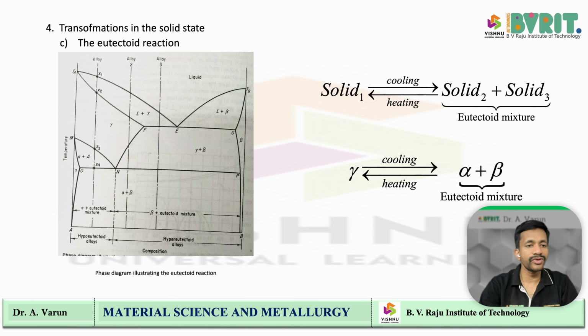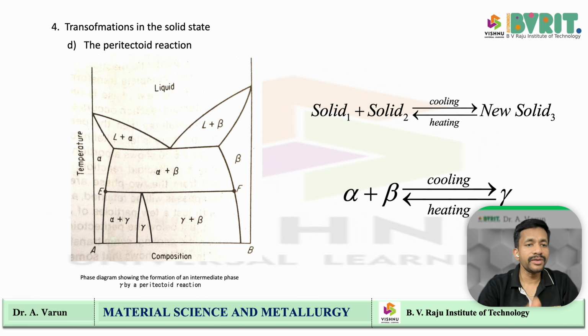There it was called the eutectic mixture, here it is called the eutectoid mixture. When it comes to peritectic, it was liquid plus solid giving rise to a new solid. Here, in peritectoid, a solid plus a solid react to give a new solid. So you can see alpha plus beta giving rise to gamma at this particular point, and this is called the peritectoid reaction.